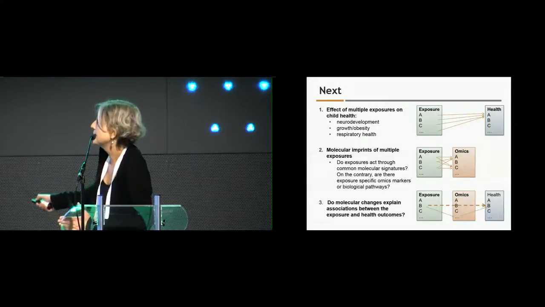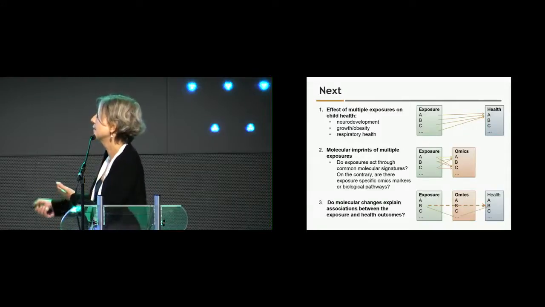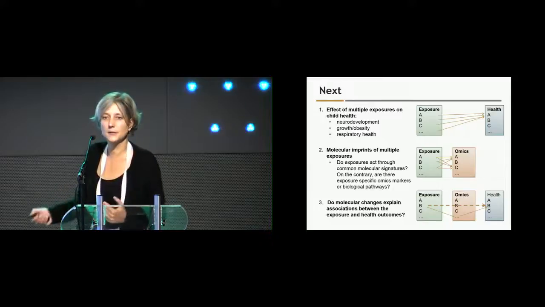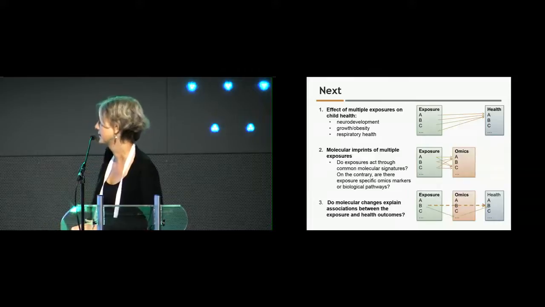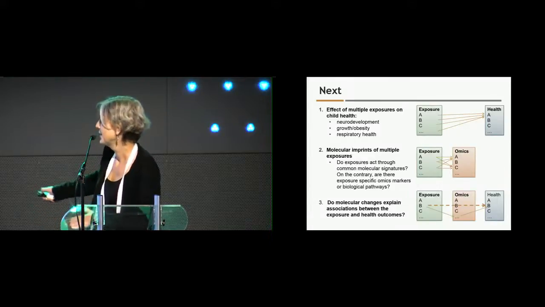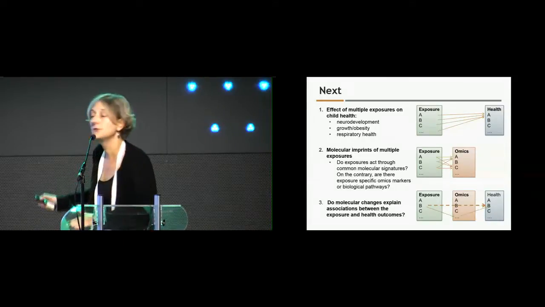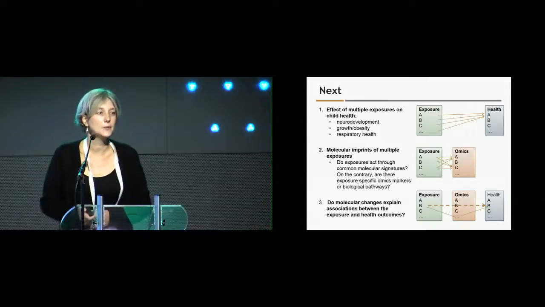So the questions we want to answer there is, do the exposures act through common molecular signatures, or are there exposure-specific omics biomarkers or pathways that we can identify using these omics methods? And then as a last step, obviously, we would like to see if the molecular changes explain some of these associations between exposure and health. And there we get to the meet-in-the-middle approaches.